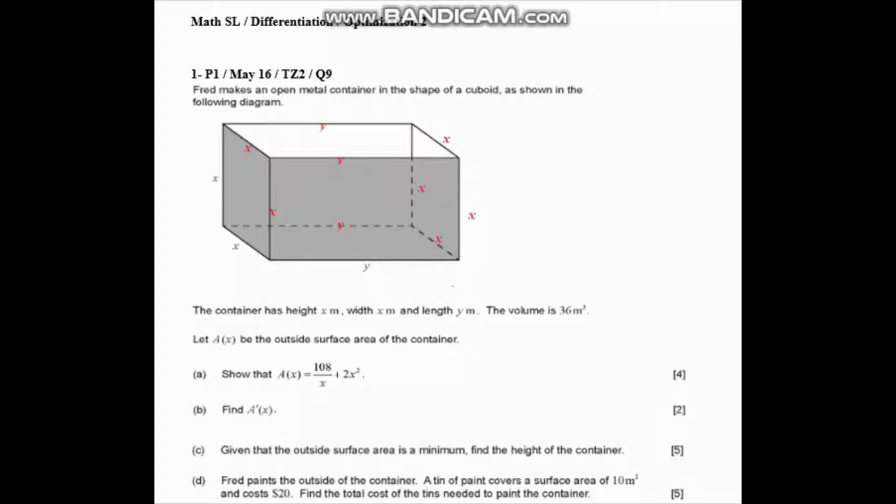The area of the bottom face is obtained by multiplying this x by this y to give us the area of the floor of the box. And this is also xy. So to repeat, the right and the left faces are x squared. The front, the back, and the bottom are xy.